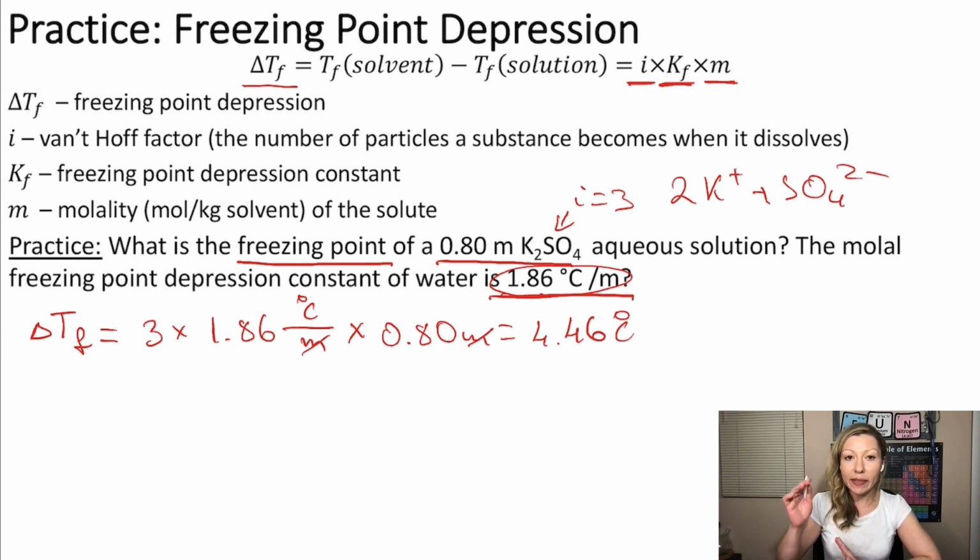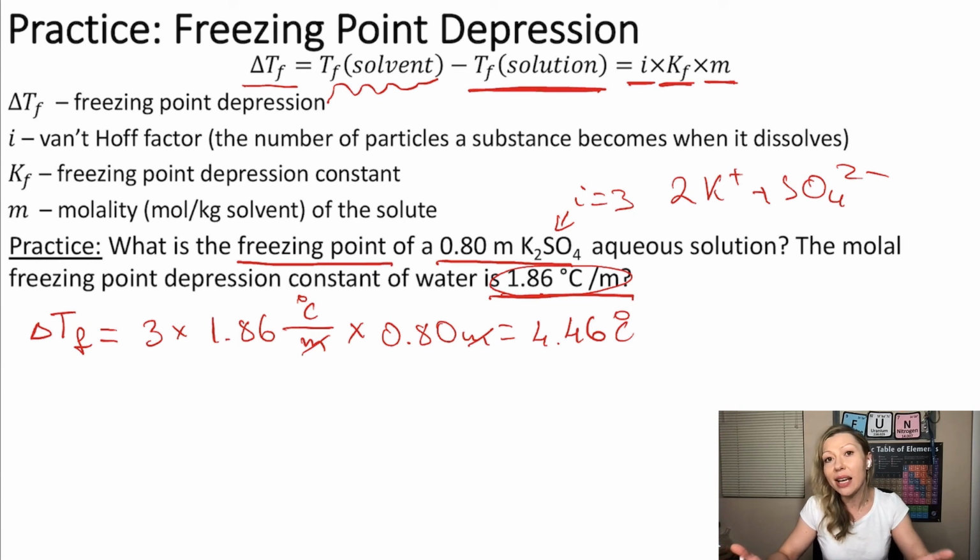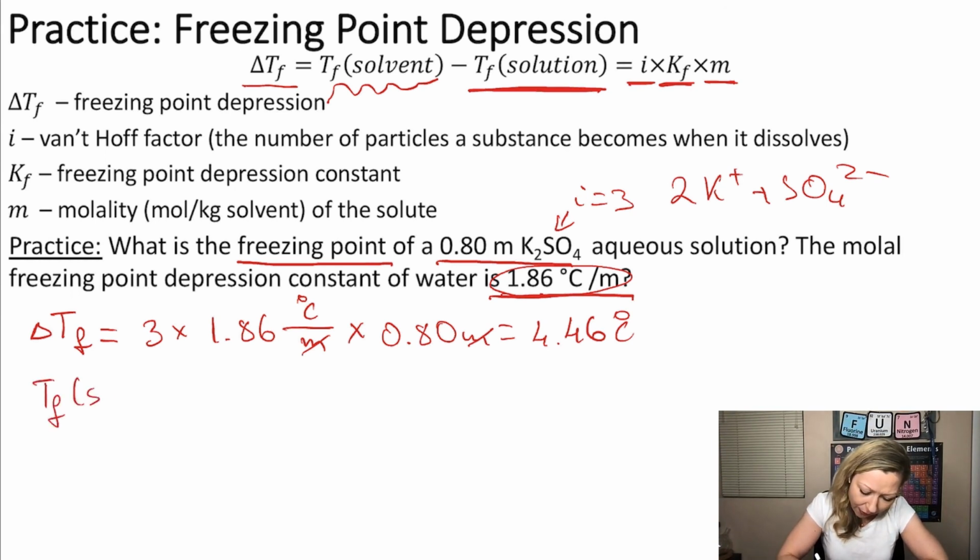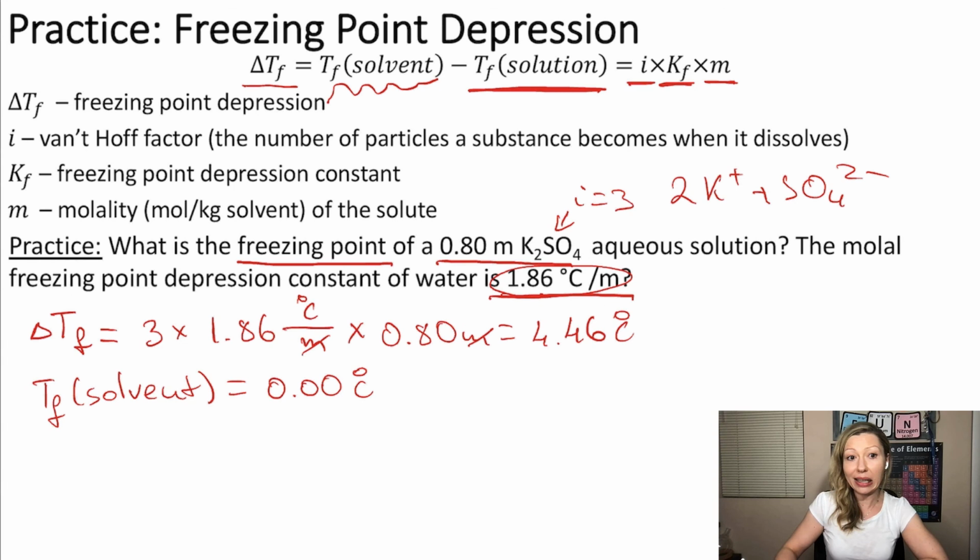All right. Now we need to figure out the freezing point of the solution, but we are missing the freezing point of the solvent. What is the solvent in this case? Water, right? What is the freezing point of water? 0 degrees Celsius, right? So T sub F of our pure solvent equals 0.00 degrees Celsius.